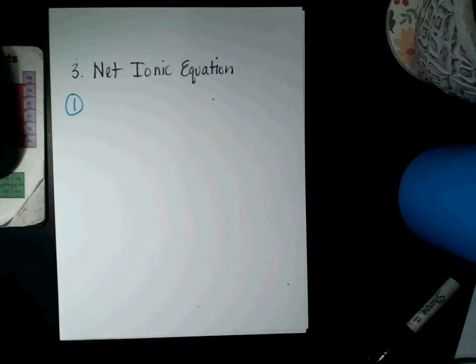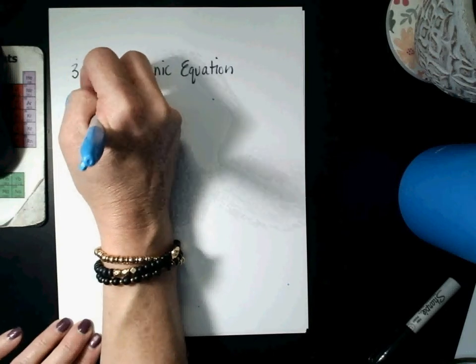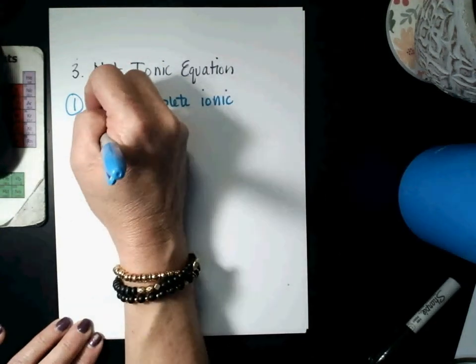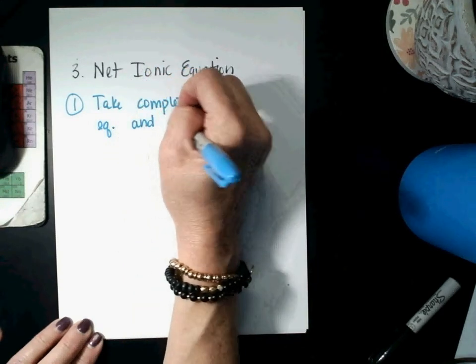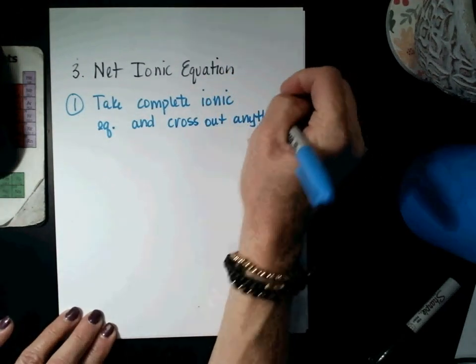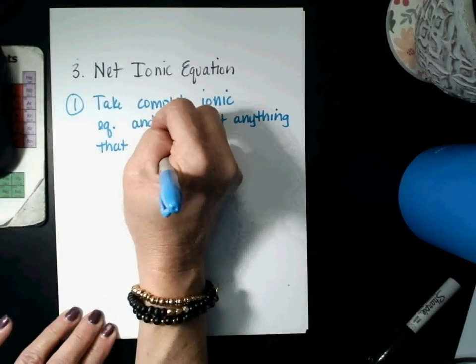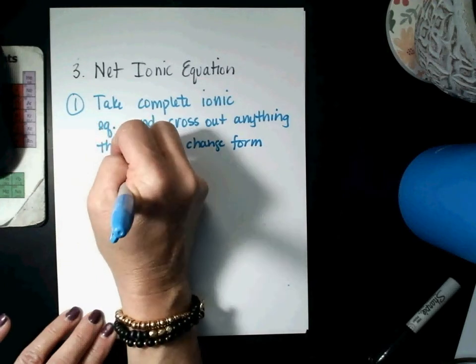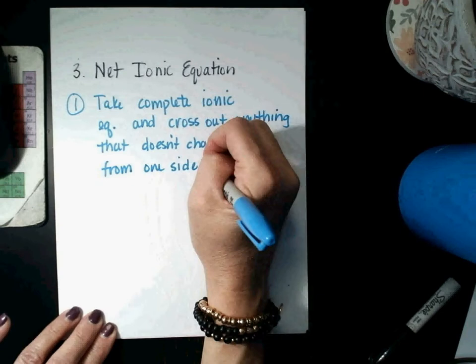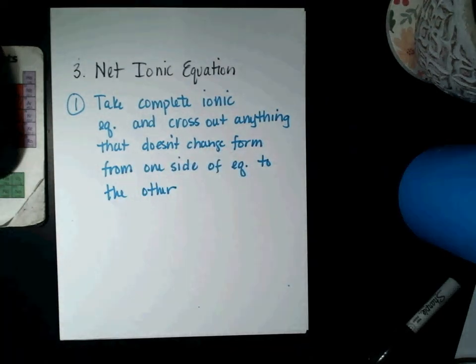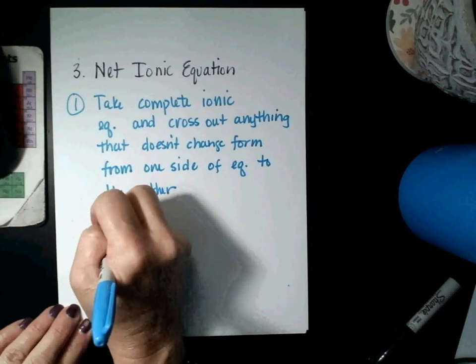The first thing you're going to do when you write a net ionic equation is take your complete ionic equation and cross out, or put an X through, however you want to say it, anything that doesn't change form from one side of the equation to the other, or from the left side to the right.